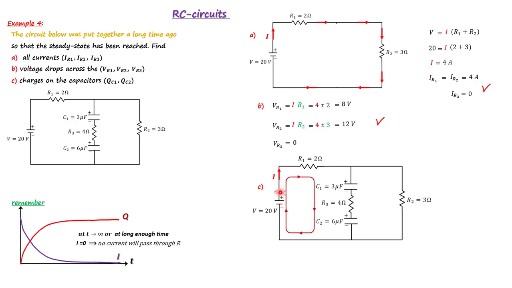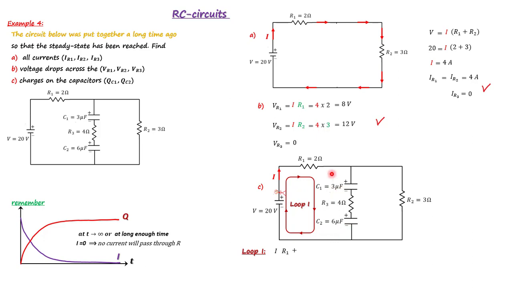So this is the direction of the loop or path, and you know the rules. Let's call this loop number 1. The direction of the loop and direction of the current are the same. So for loop number 1, we have I times R1. When we come here, we see a capacitor. Voltage across this capacitor is positive because I'm using the same direction from positive to negative.